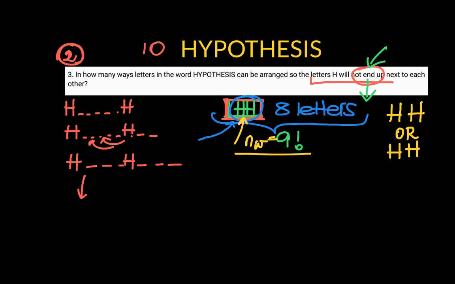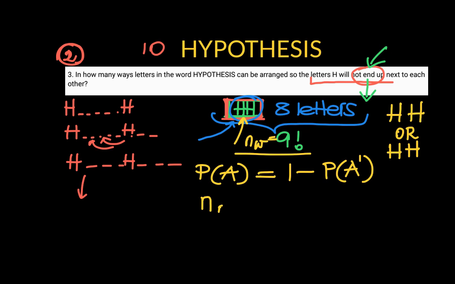Now remember, in statistics, in order to calculate the probability of an event, we can always do 1 minus the probability of the complement of A. Now we're not looking at the probability, but I can use the same concept. So the number of options that the letters are not next to each other is obviously the total number of options minus the complement of not together, which is always together.